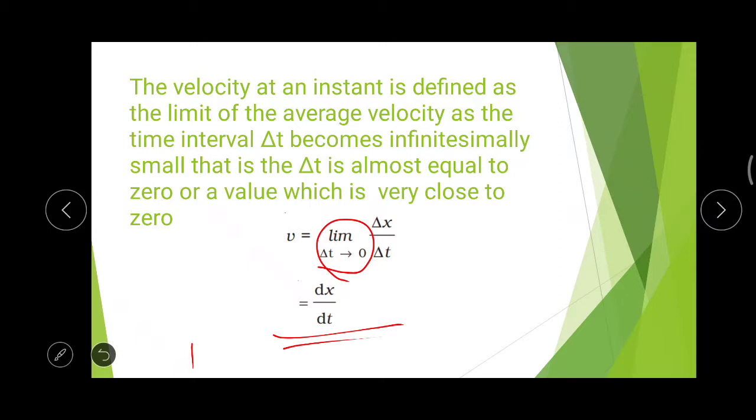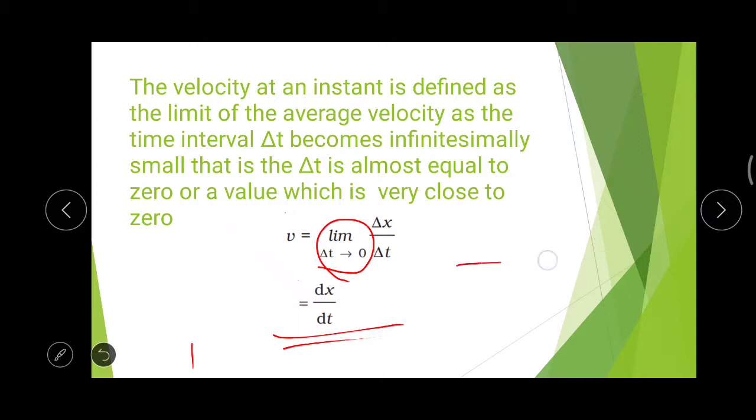You may not be familiar with this differential equation from the mathematics chapters. In the next year you will study differential equations and all those things. But now just understand that dx by dt means the rate of change of position per unit time, where dx is a very small distance.